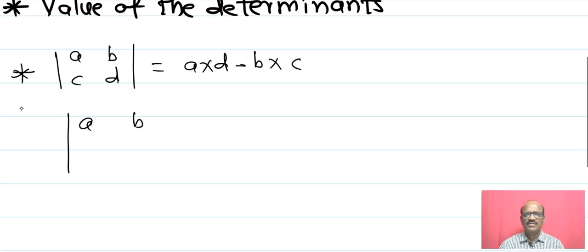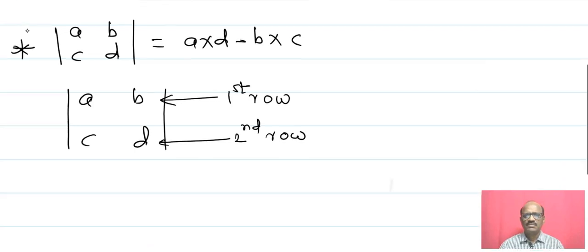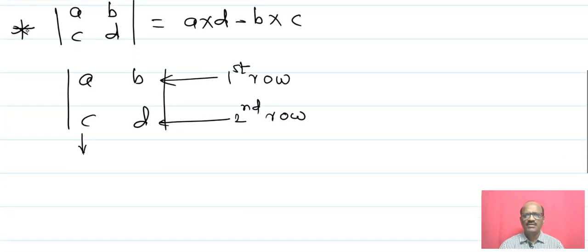Now next, see this. AB is called the first row, CD is called the second row, and AC is called the first column, and BD is called the second column.